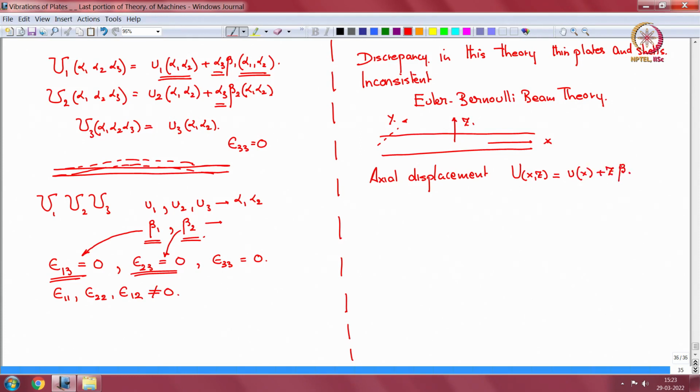Just as we spoke about right in the beginning. Then the y displacement is 0 exactly. And the transverse displacement w of x comma z is w of x. That means this displacement is the same all along the z direction.